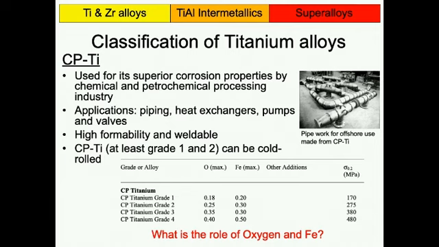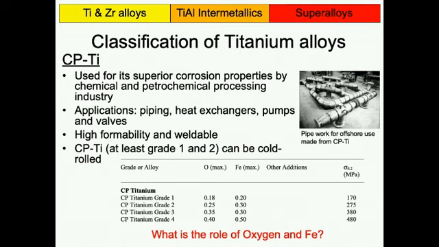So titanium is used by the chemical and petrochemical processing industry in some areas where they need very corrosion resistant material. Essentially, when stainless steel doesn't work anymore, they might start to use titanium. They only really use it when they have to, because titanium is more expensive than austenitic stainless steel.